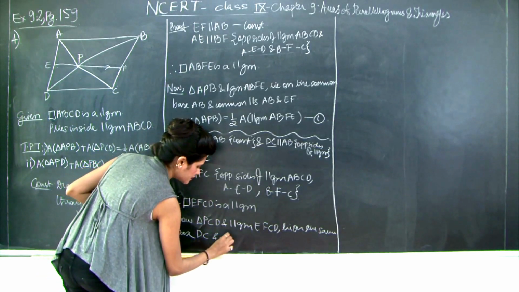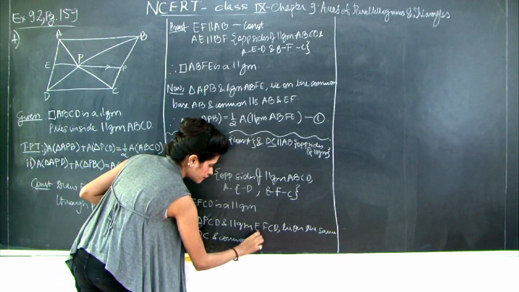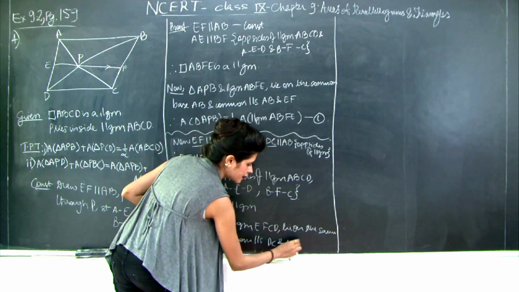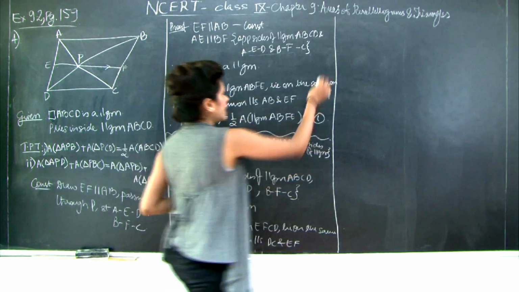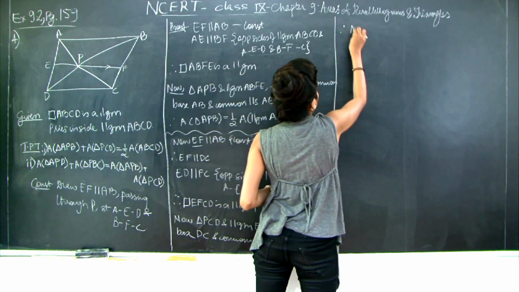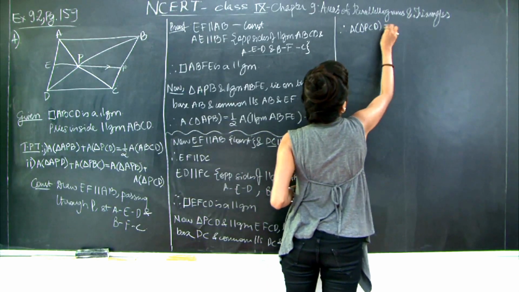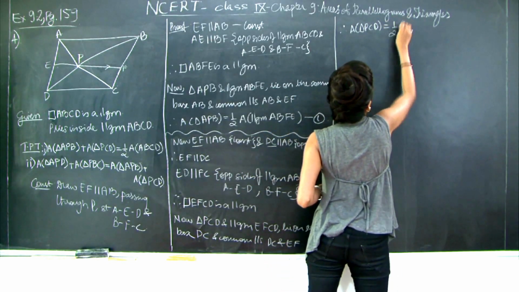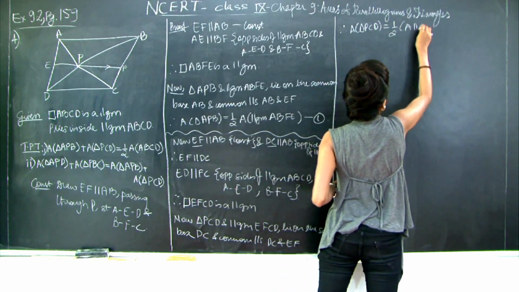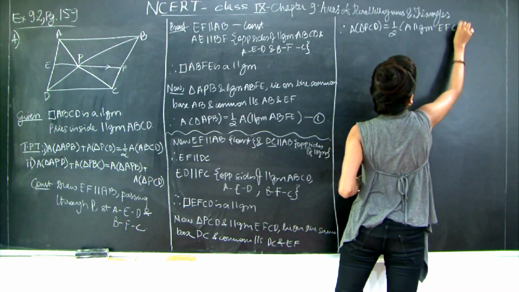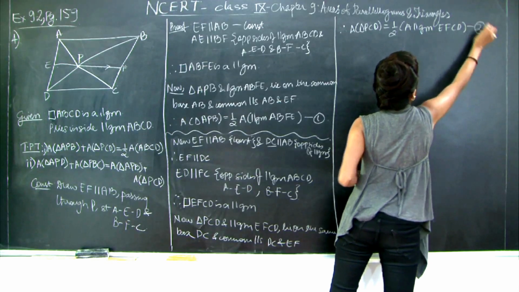And common parallels, which are DC and EF. Therefore, what can I say? That the area of triangle PCD is equal to half the area of parallelogram EFCD. I'll mark this as 2.